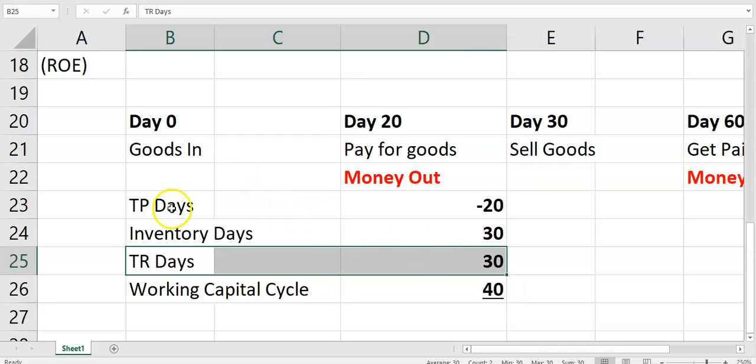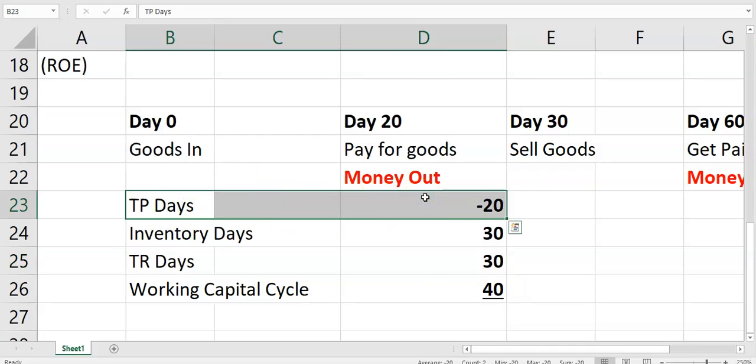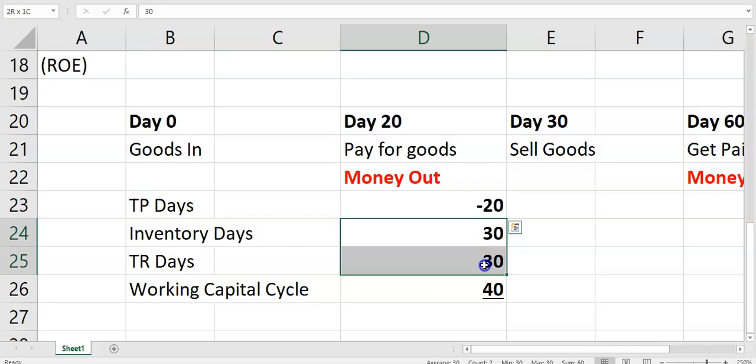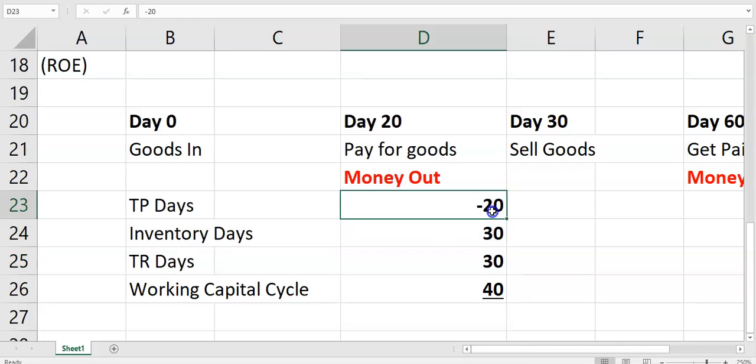And likewise, because supermarkets have very strong negotiating power, they will be able to take a lot of trade credit from their suppliers. So that could be 30, that could be 60 days. So the way it turns out is you wait very little to sell the goods and very little to get your money in. So those could be very low, this could be very high, and you can actually have a negative working capital cycle, which means your customers pay you for the goods before you have to pay your supplier.